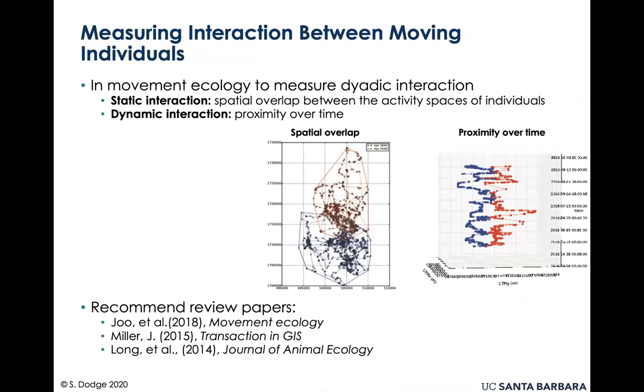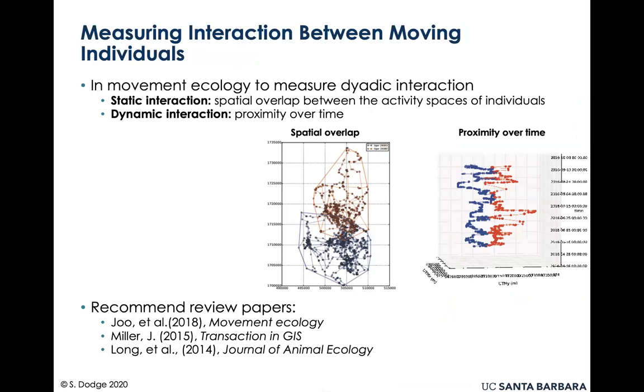So that is very similar to what movement ecologists have been doing on measuring dyadic interaction in animal movement. There are tons of measures out there to detect interaction between moving individuals, mainly in a movement ecology context.